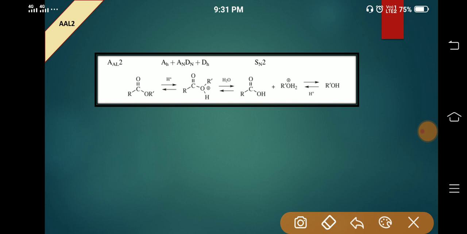As it is an alkyl cleavage, association of proton will take place at the alkoxy oxygen, which leads to the generation of this type of protonated alkoxy group that can be stabilized, as it is an SN2 type of reaction.